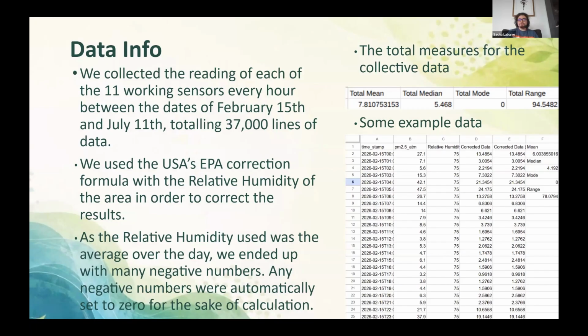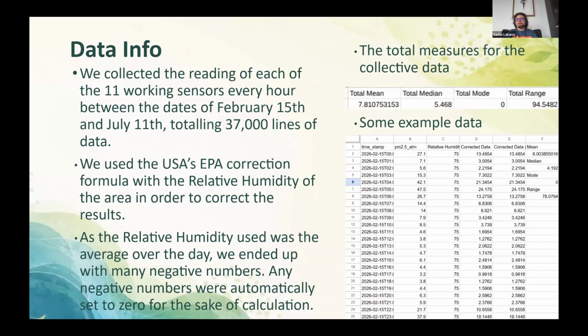We also used the USA's EPA correction formula in order to get more accurate results, since the data is impacted by the relative humidity. I will say that we did that since the relative humidity was used over the average of the day, and the data we collected from the sensors was over the hour.